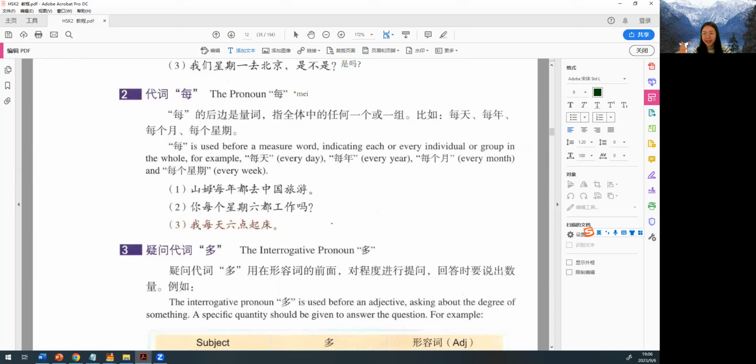So 每年 here means every year. 去中国旅游. We have learned those new words in our last classes.